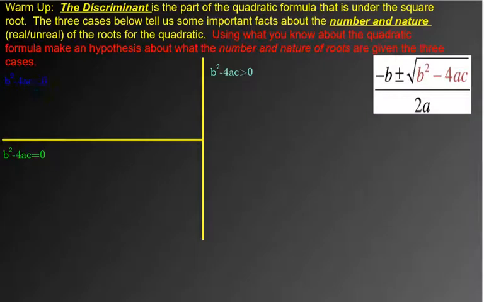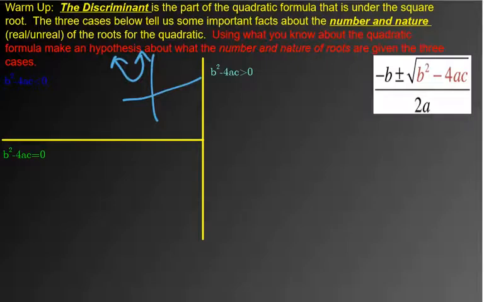So the three cases are here, and I always approach this with an intuitive, graphical understanding of what this stuff would mean. So if b squared minus 4ac is less than 0, we know that we're going to get imaginary roots. The quadratic could look like that.